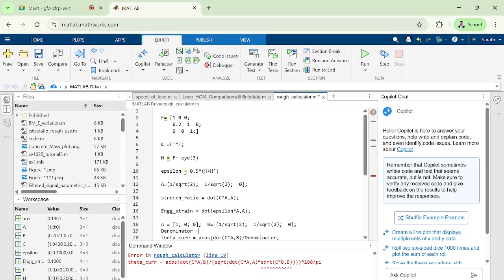So the denominator is equal to the square root of CA dotted with A times the square root of CB comma B. There's one extra bracket here.